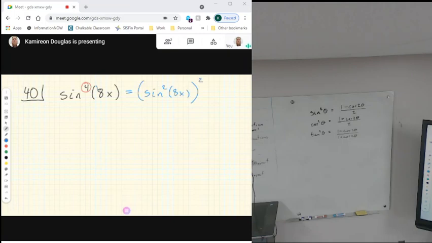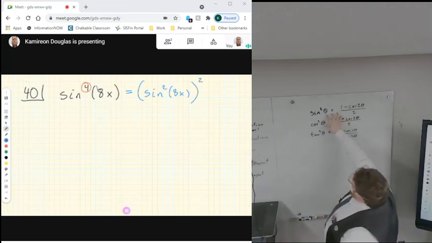This is using an algebra trick from Algebra 1, where I take a power and I split the power apart. Now, normally in Algebra 1, you put the powers together, but we can also just split them apart algebraically for the same results. So now I have something being squared, which I can use to fix this formula here.